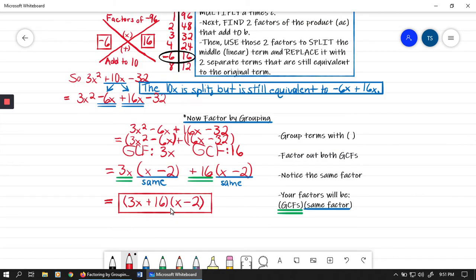So our final answer will wind up looking like this here. 3x plus 16 times x minus 2. Again, one of those factors is the GCFs, which is 3x plus 16, and the other factor is that same factor that was revealed after we factored out the GCFs.